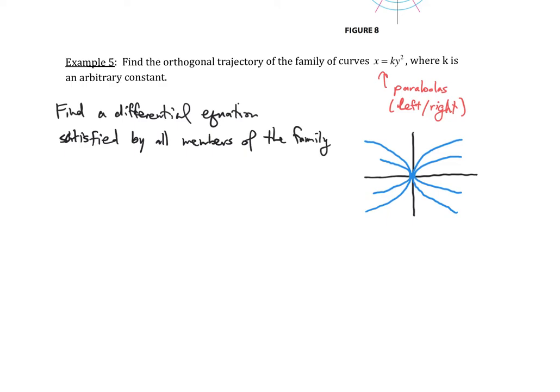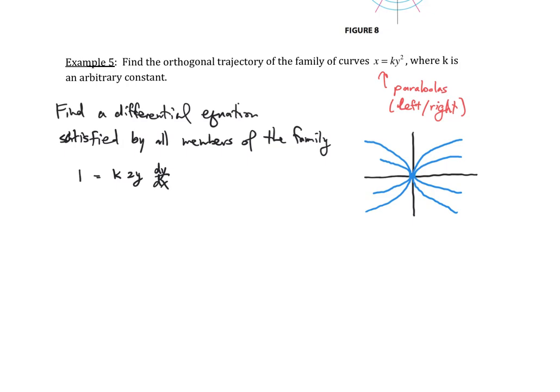To find this, we're going to differentiate both sides with respect to x. When we do that, we get 1 is equal to k times 2y times dy dx. Remember, we need to use the chain rule, and y is implicitly defined as a function of x.